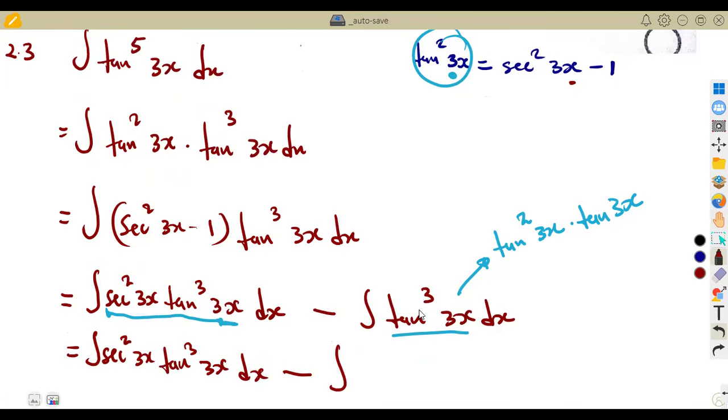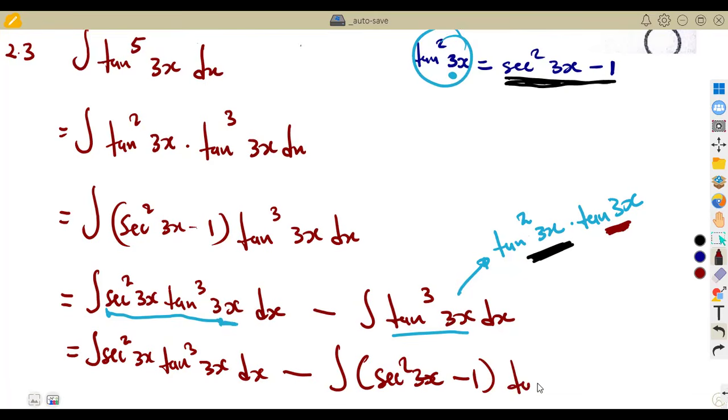Minus, remember what I was saying? Wherever there is a tan squared like this, we substitute with a sec squared minus 1. So this was supposed to be sec squared 3x, because there's a 3x there, minus 1, times the tan that is outside of the bracket, which is multiplying the tan squared.